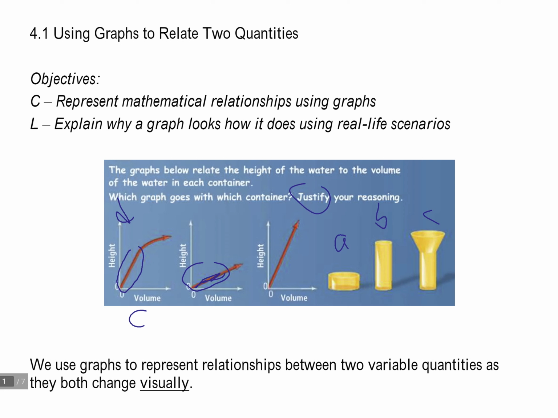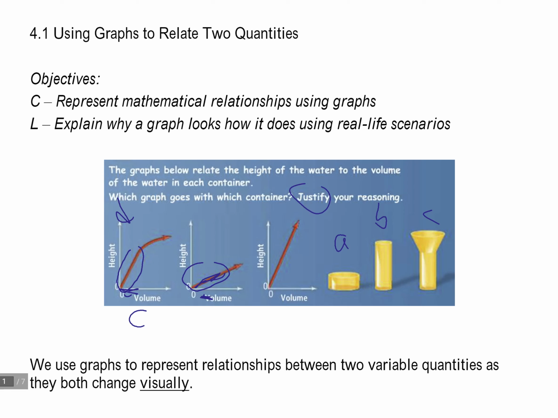So that should indicate to you that we're getting more height more quickly, meaning that the container is skinnier in this one than it is on this one. Okay, so the container on the first graph must be skinnier than the container on the second graph because the water is filling the container so much more quickly. So that means that this first graph must be either container B or container C, not container A.